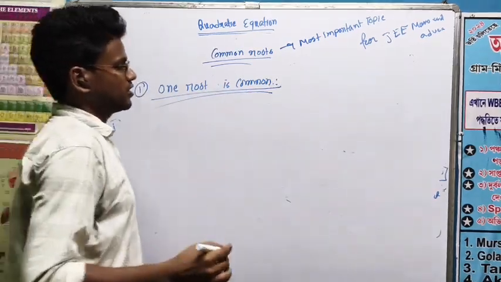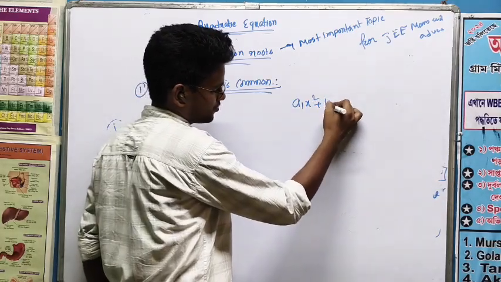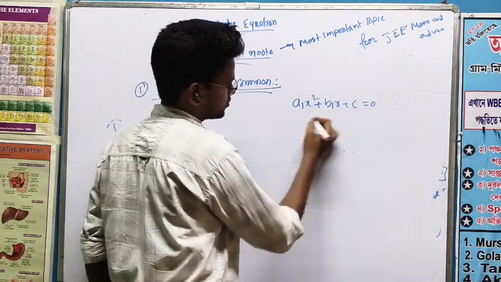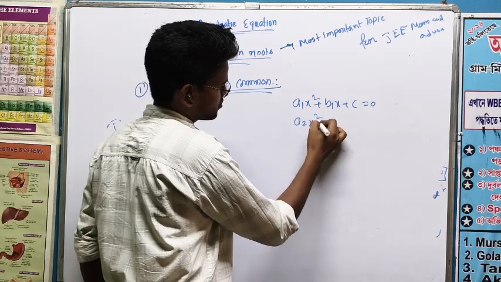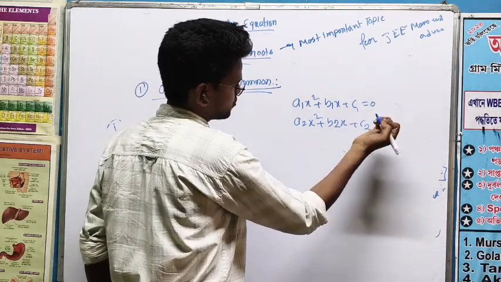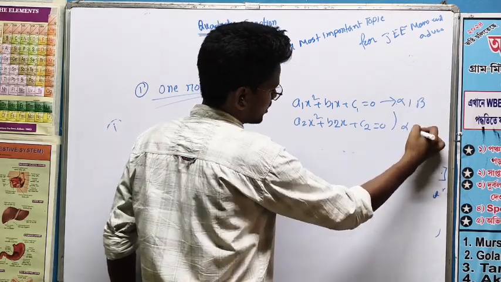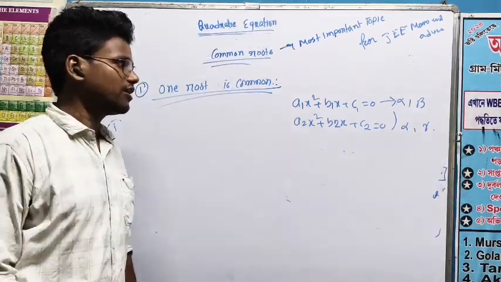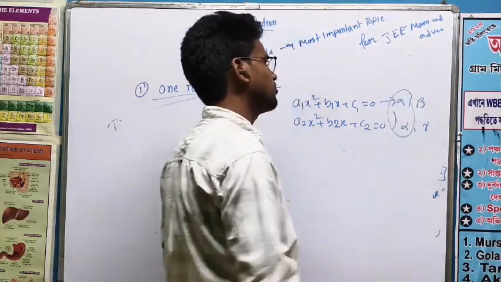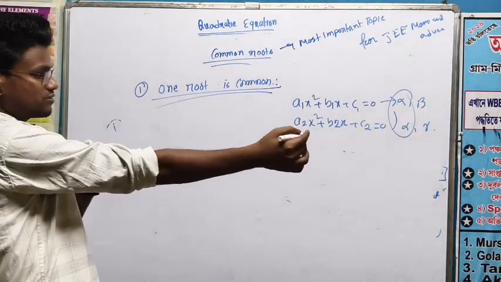We have a1x square plus b1x plus c1 is equal to 0, and a2x square plus b2x plus c2 is equal to 0, with roots alpha, beta for the first and alpha, gamma for the second. That means alpha is the common root of the two equations, so alpha satisfies both equations.